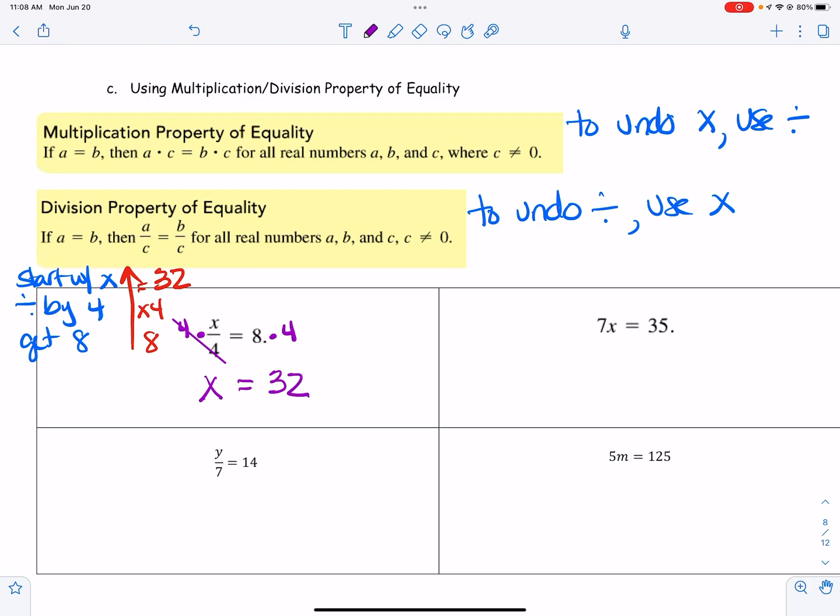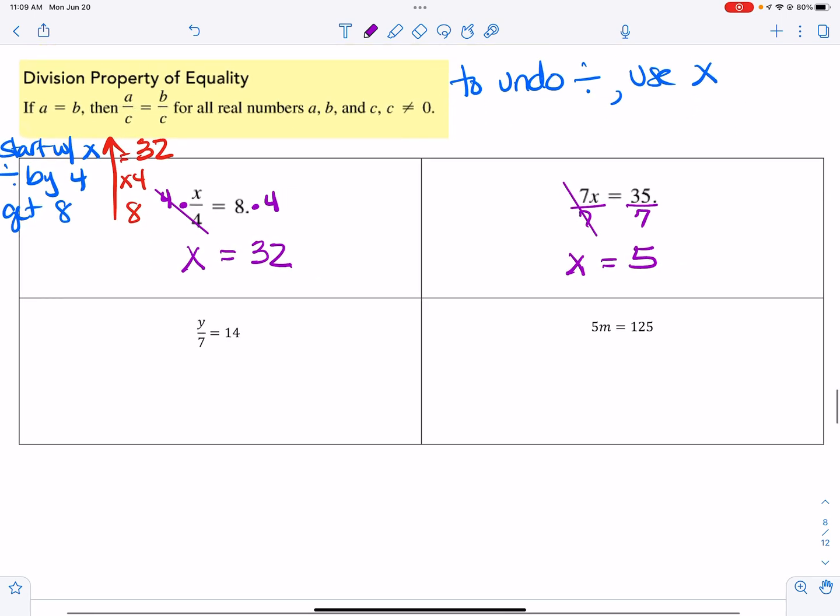Now, I know some of you can do these problems in your head, but when we get to problems that you can't do in your head, you need to have that groundwork built so that you can follow the steps, okay? This one says 7 times what number equals 35? I know you know that it is 5, but this is how it's going to look on our paper. 7 divided by 7 is 1, and that leaves us x, and 35 divided by 7 is 5.